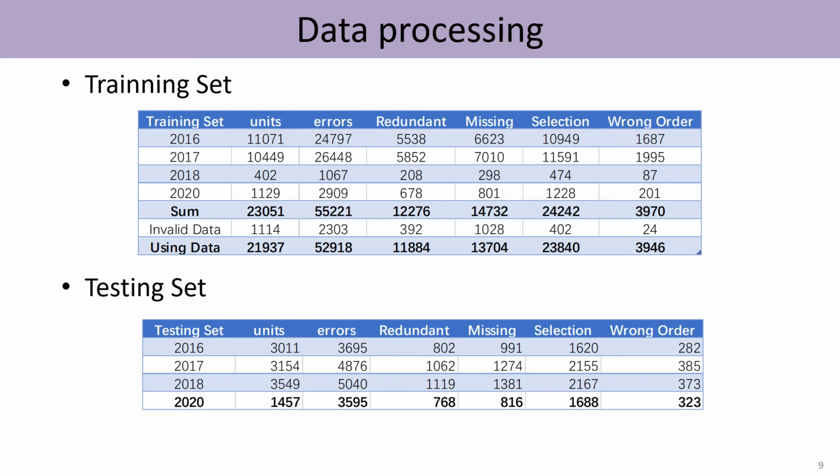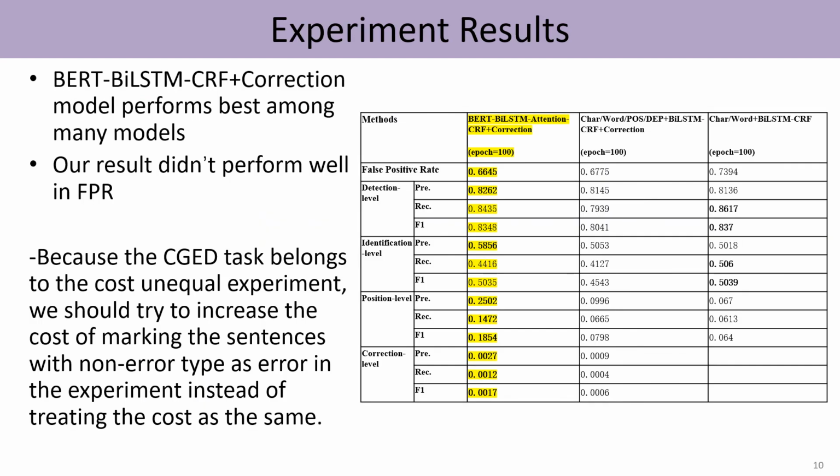In this article, the training set is CGED train that integrates 2016 to 2018, and the valid set is the CGED 2018 test set after deleting 114 units without errors. 21,937 units are left for training. The performance of the 3 submissions is shown as follows.